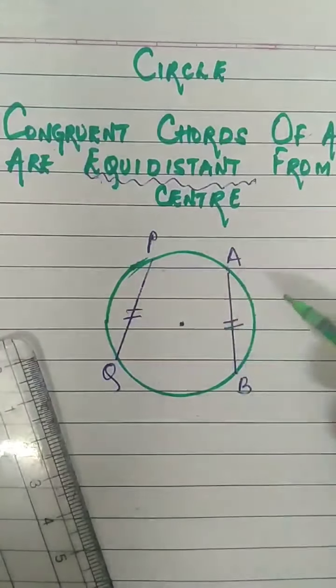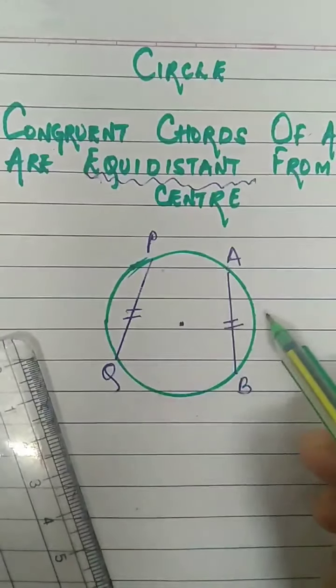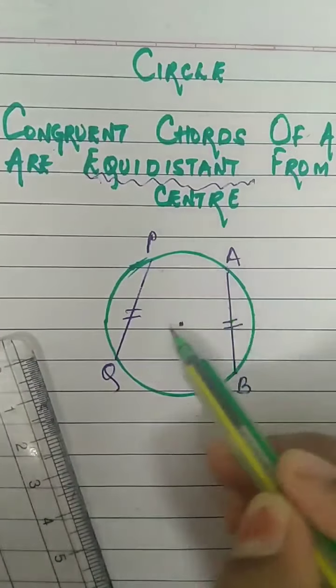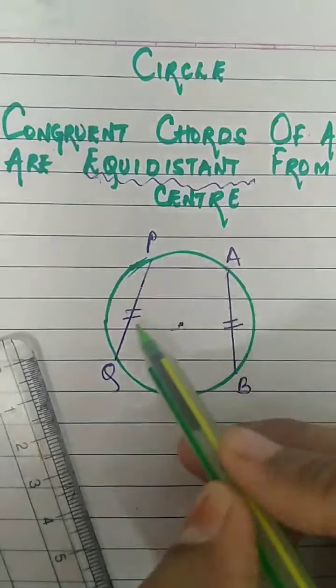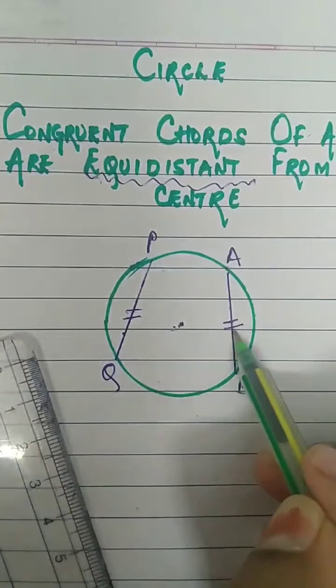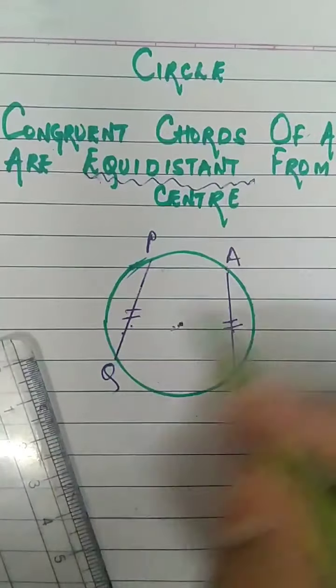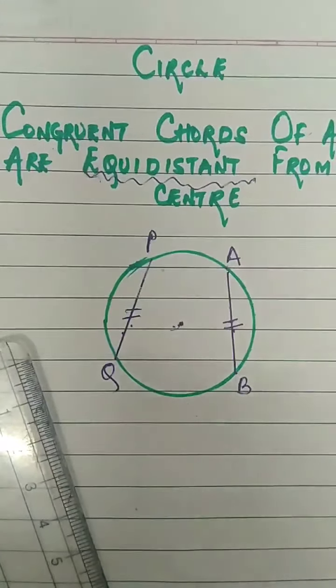Equidistant means same distance. If two chords are congruent, then their distance from the center will also be the same. That is, distance of chord PQ from the center and distance of chord AB from the center will be the same, will be equal, equidistant.